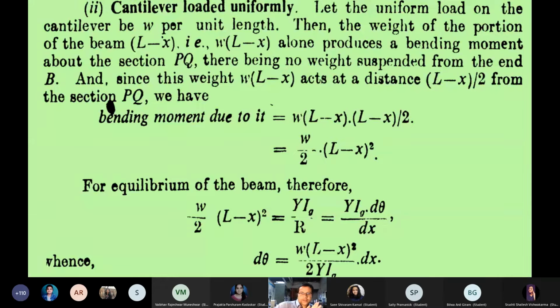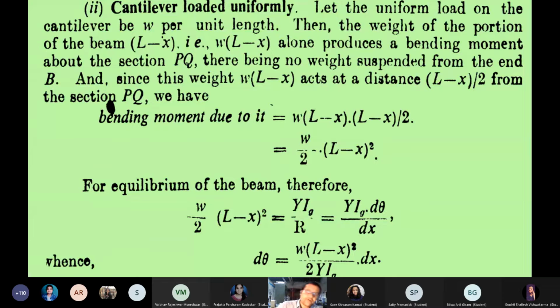It is not that you are putting weight on just one of its ends. Consider that the whole cantilever is held at a fixed position and free at another position, with loading uniformly all over its length.